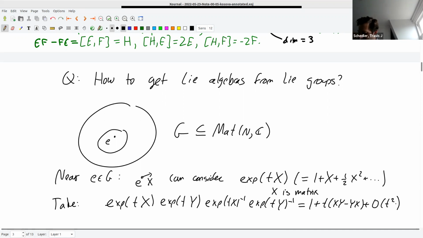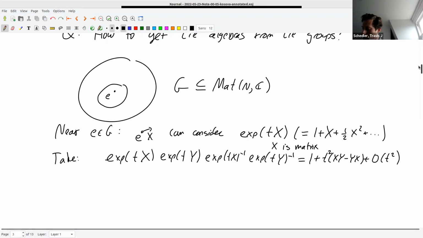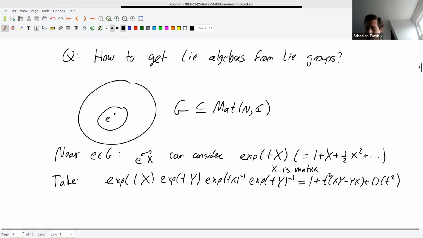Now, is it maybe t squared? It's been a while since I've taught something like this. So we have this explicit interesting expression. Basically the commutator in a group, whether it's zero, or identity if you're abelian, becomes this structure of commutator for X and Y in the Lie algebra.